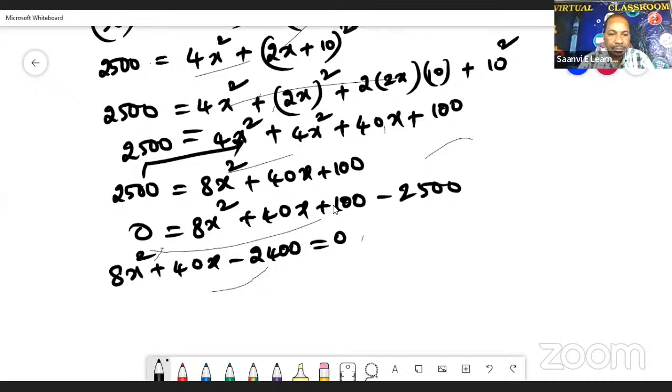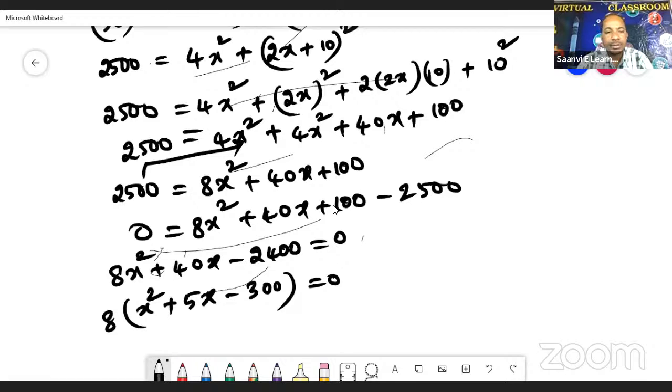So here every term is divisible by 8. We can take 8 common from this to reduce the equation. So x squared plus 8 5s are 40x minus 8 3s are 24, 2 zeros, equal to 0.